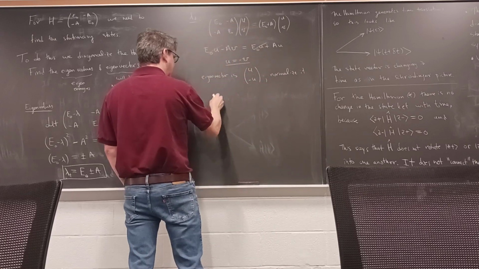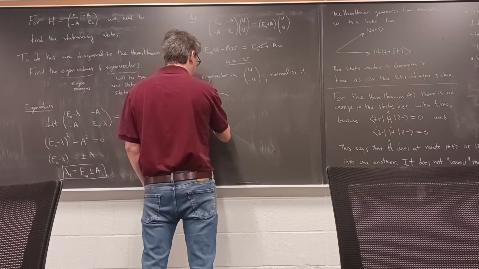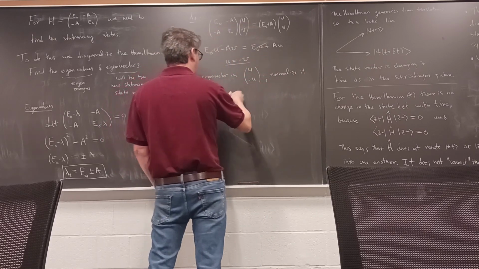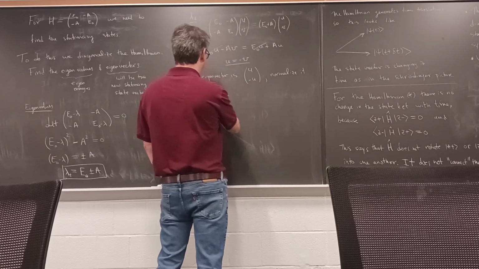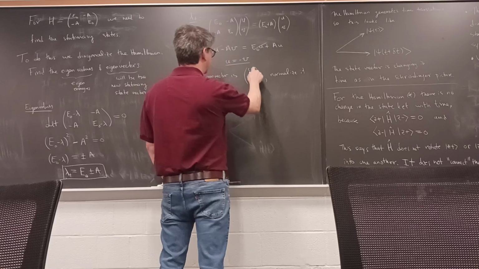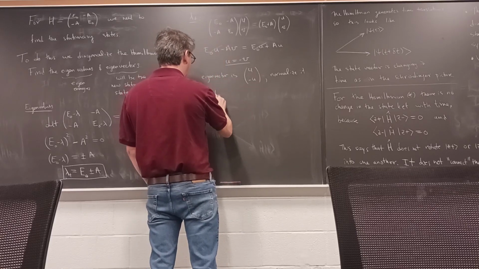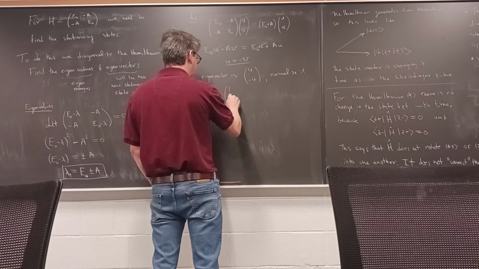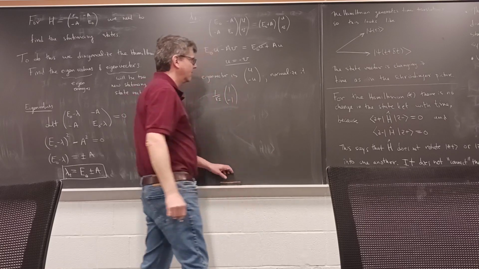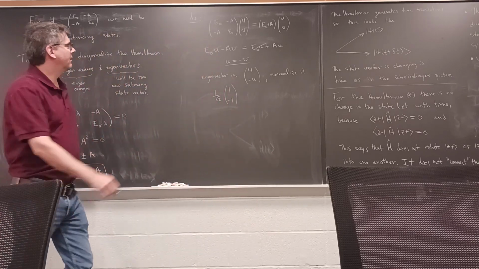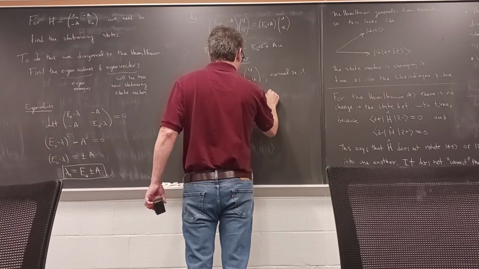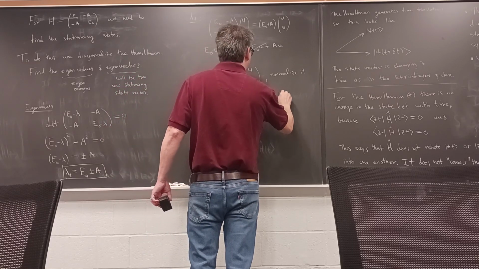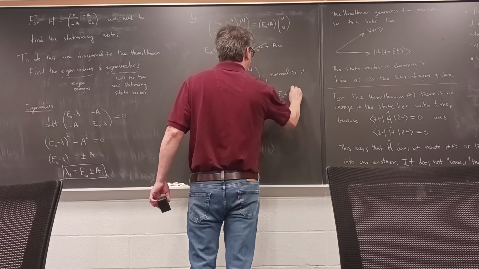If we normalize it, it's pretty obvious this is going to be 1 over the square root of 2 times (1, minus 1). Okay? So we have this eigenvector is paired with E0 plus A.